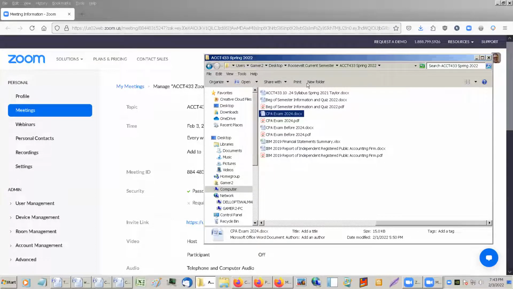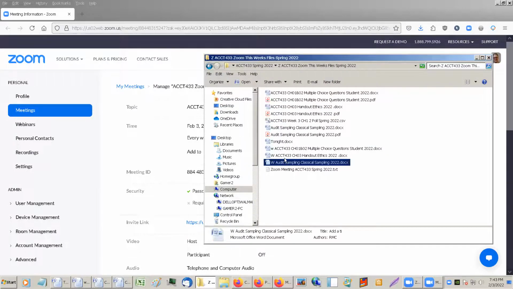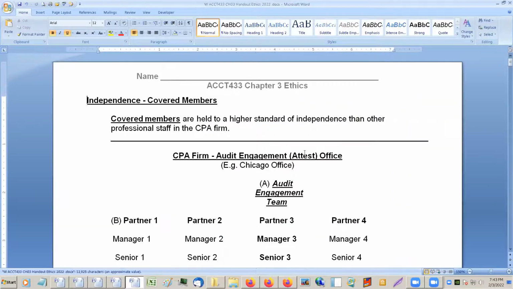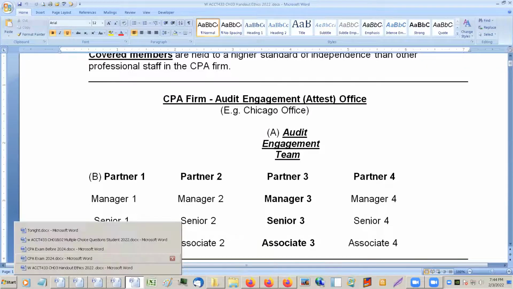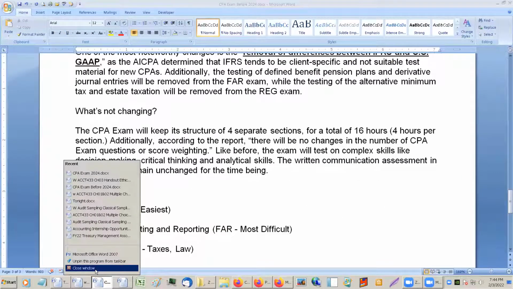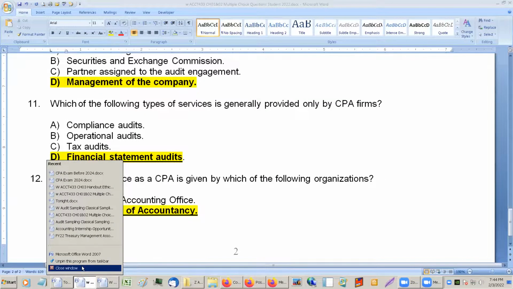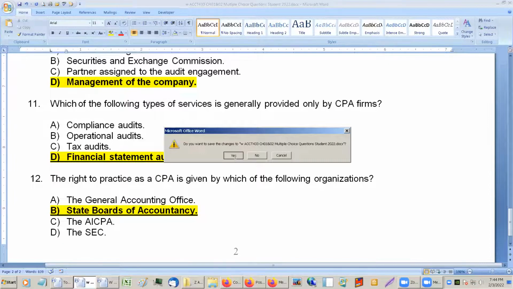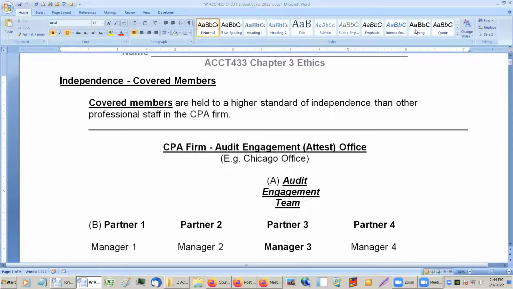Okay, so chapter 3. Start a little bit in ethics, and just so you know, this is going to be a big thing. Ethics is huge.